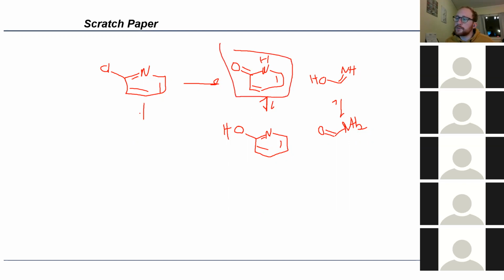And so if you just add a nucleophile to this, like potassium hydroxide, it can eject our chloride to get us to this 2-hydroxypyridine, which will tautomerize to the pyridone. And so it's just a tricky SNAr question.